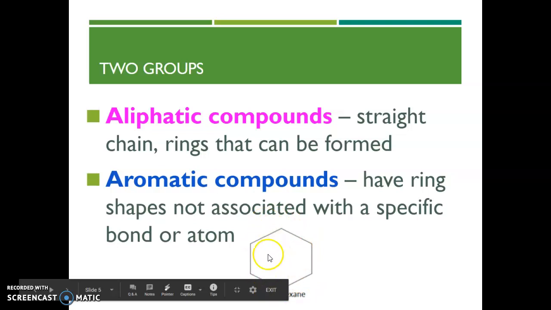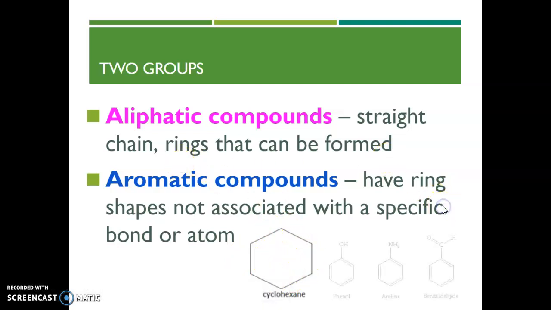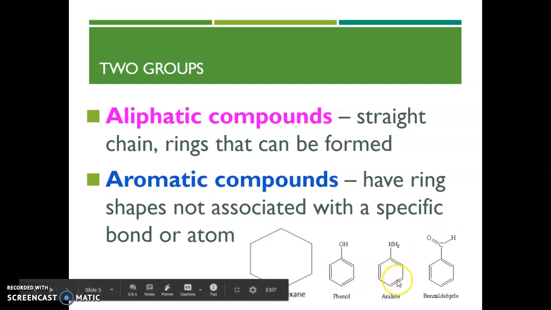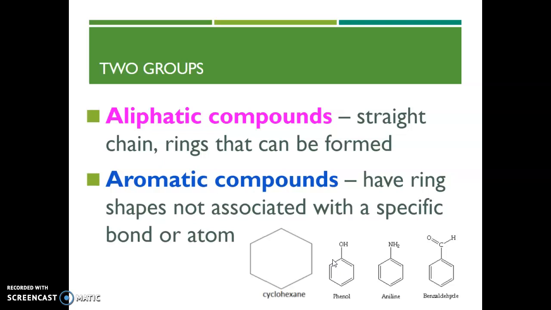All right, so no double bonds in this one, and therefore this is a cyclic aliphatic compound. These next examples right here are also cyclic, but the thing that makes these different than this one is that they have an alternating single, double, and so on throughout the entire compound. So that's one of the big differences with an aromatic compound comparing it to an aliphatic compound.